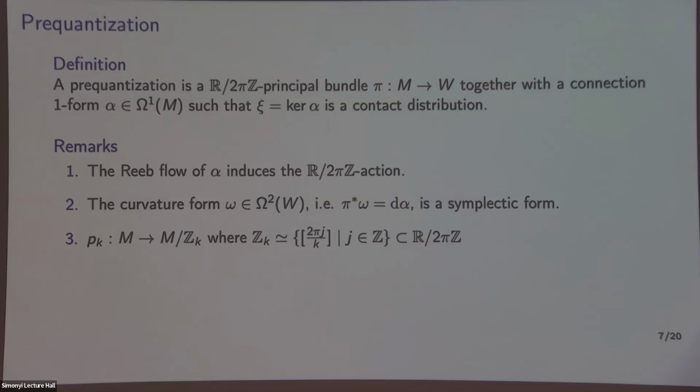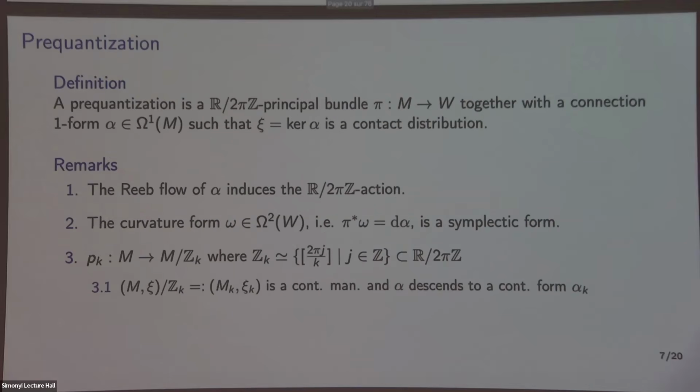Since S^1 acts on M, Z_k also acts on M, and the quotient manifold is what I call M_k. And on M_k, the contact distribution xi on M also descends to a contact distribution on M_k, and the contact form alpha descends to a contact form alpha_k on M_k.